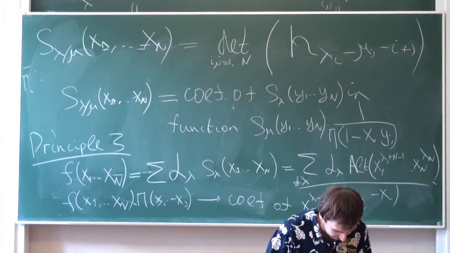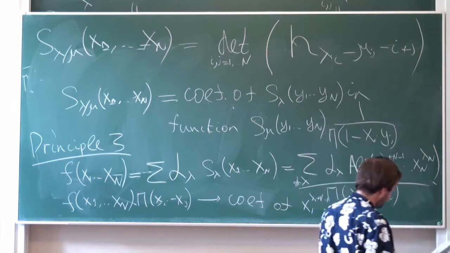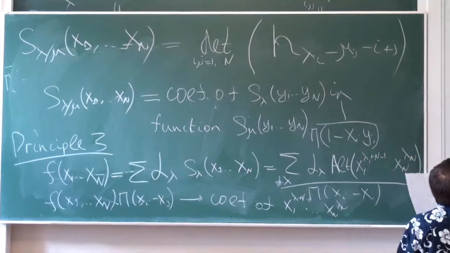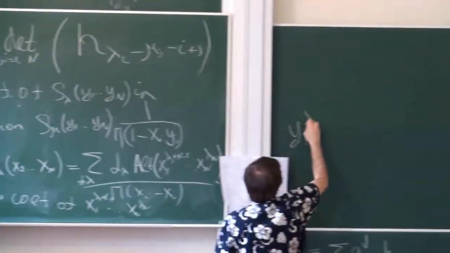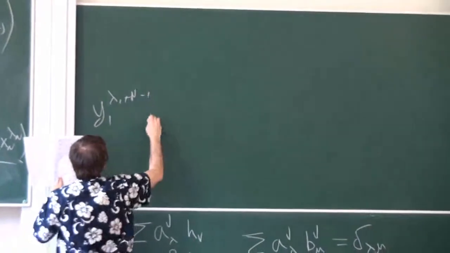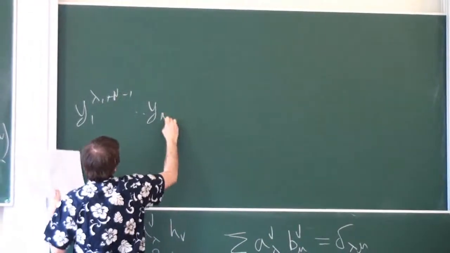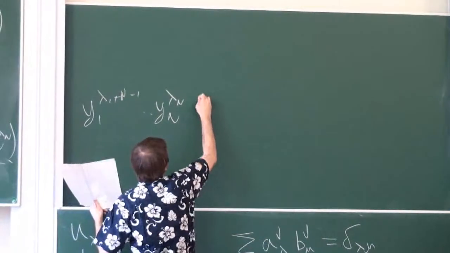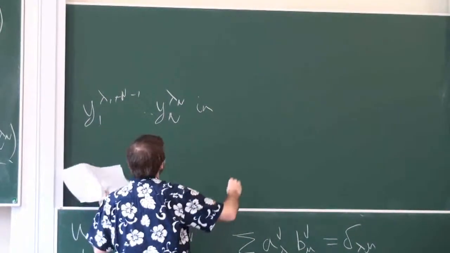So let's do it. We need to extract the coefficient of the monomial x1 to the lambda 1 plus n minus 1, ..., xn to the lambda n, in the following thing.